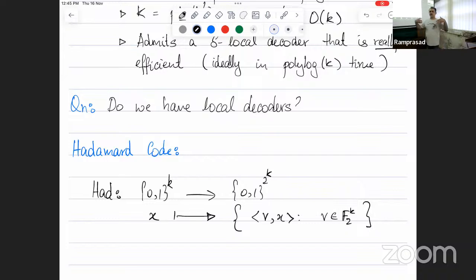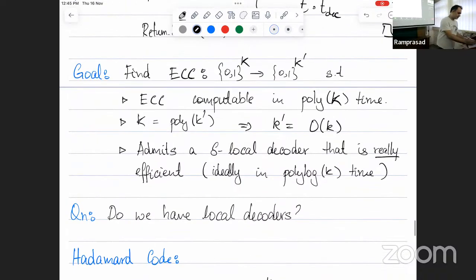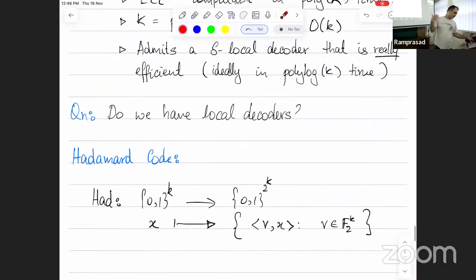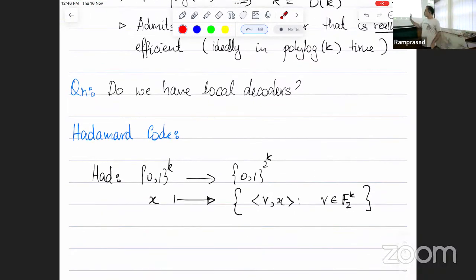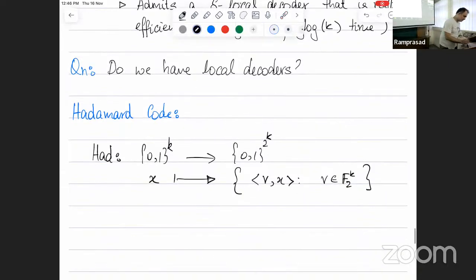Okay, that's what the Hadamard code is. Now, obviously, this doesn't satisfy the above requirements because this thing is certainly not poly-k. It's like making the truth table really, really large. Okay, those are things that we will have to figure out. But I want to claim that this actually is locally decodable.